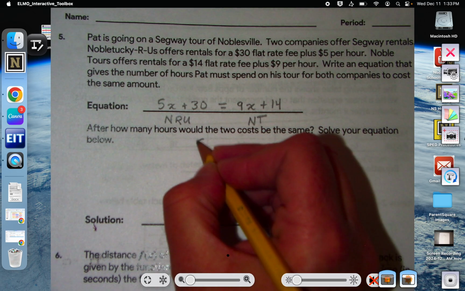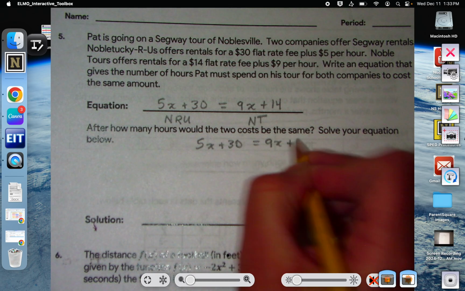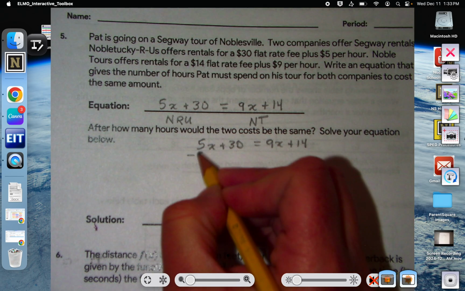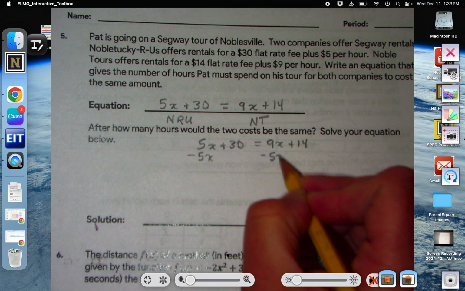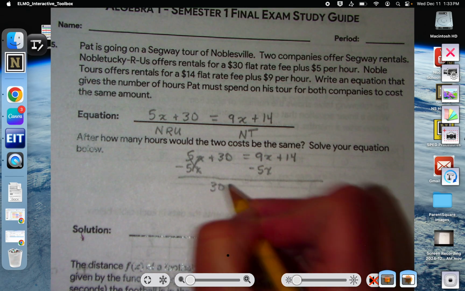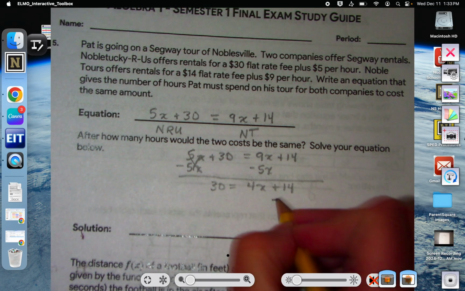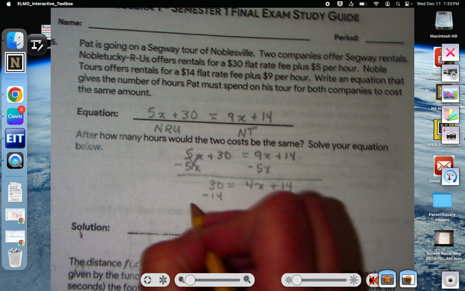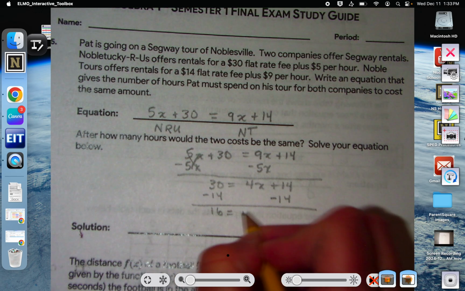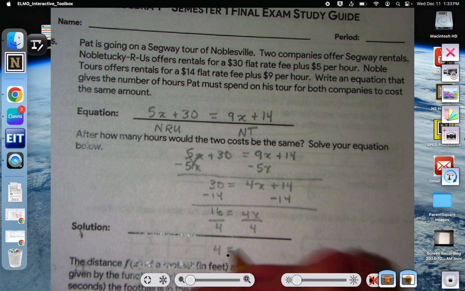So I'm going to solve this. I would subtract 5x from both sides. Now I have 30 equals 4x plus 14. Subtract 14. 16 equals 4x. So I have 4 equals x.